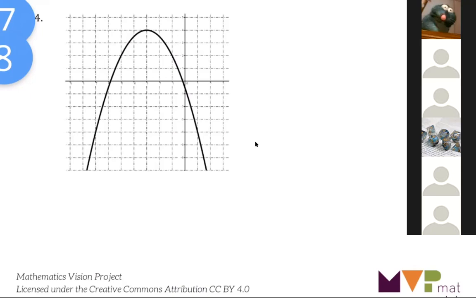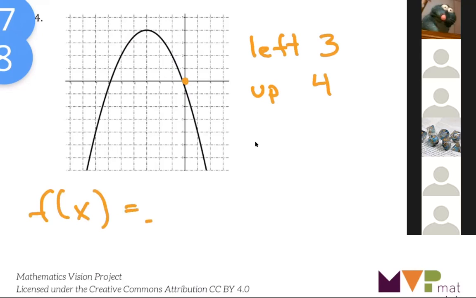Okay, so I know that it started here, right? And I asked myself, where did it go? Okay, so it went left 3, up 4. So I start building this thing, right? So I'm like, f of x is equal to, I don't know right now for a, so I'm just going to leave it.